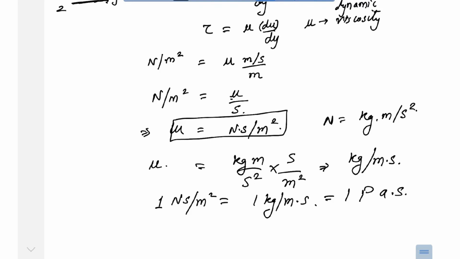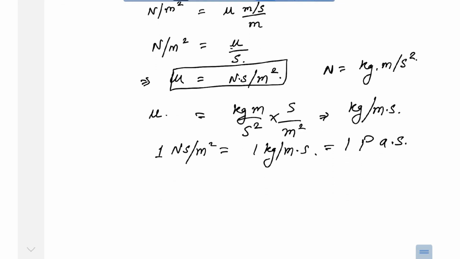Okay, fine. But if we are talking about the CGS unit for viscosity, the CGS unit will be 1 gram per centimeter second. And 1 gram per centimeter second is written as another new unit known as poise.